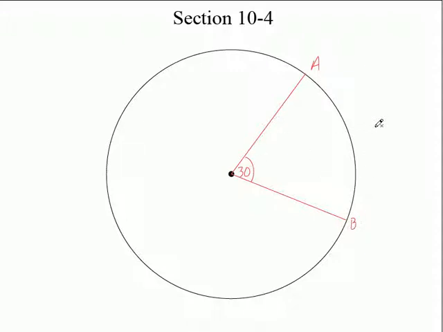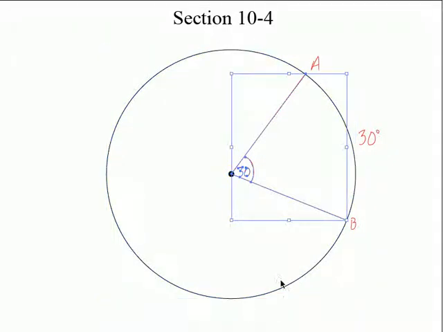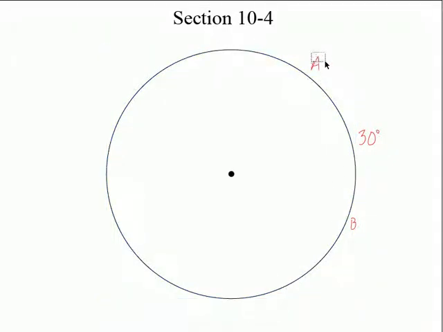So this angle is equal to this arc. That is going to be 30 degrees. That's just review. So let's get rid of that, but not delete the circle, and let's get rid of this, that, and that.